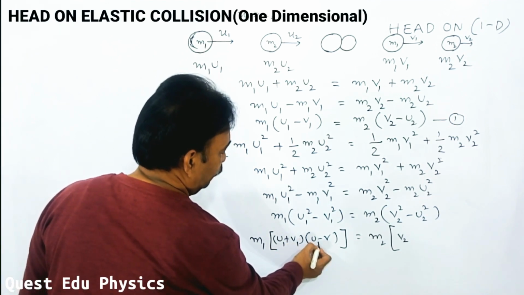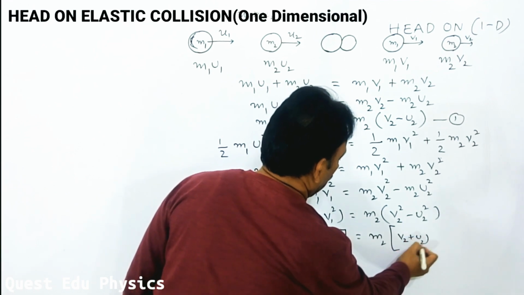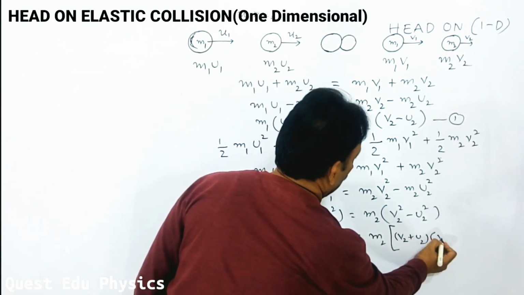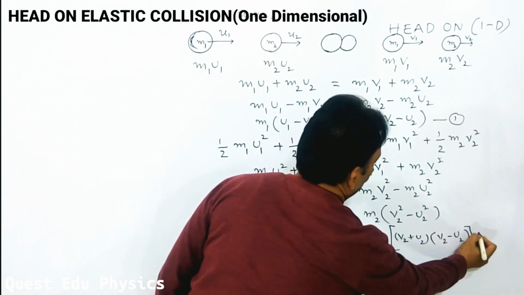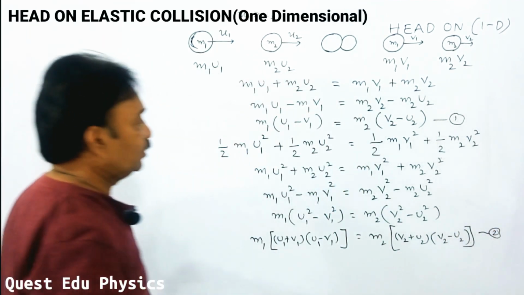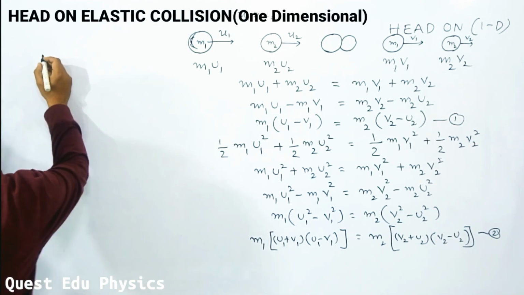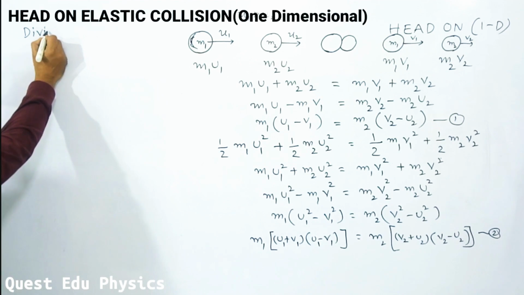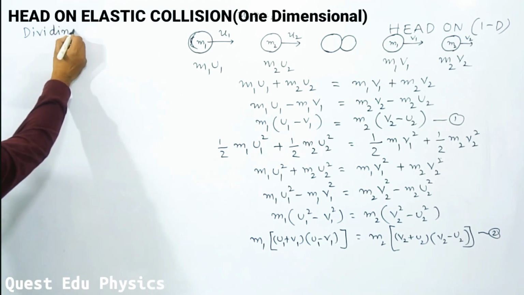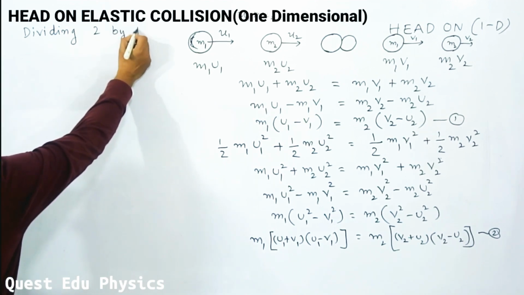Okay students, let's call this equation 2. Next, what we are doing is dividing equation 2 by equation 1.